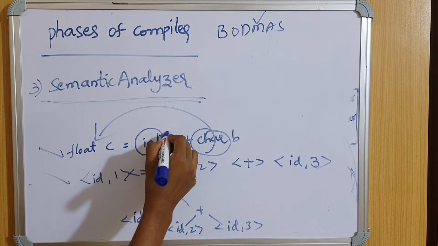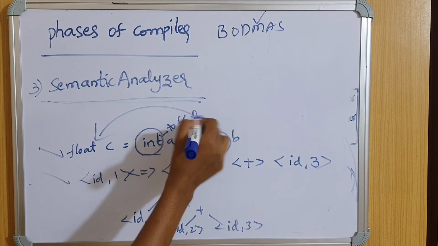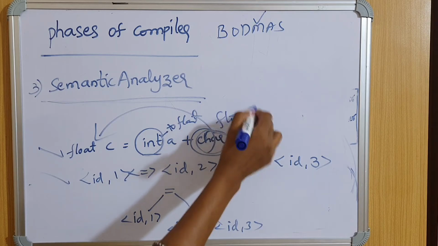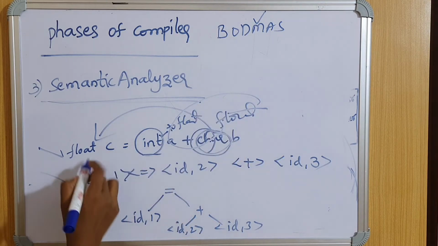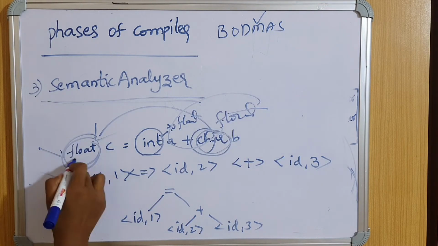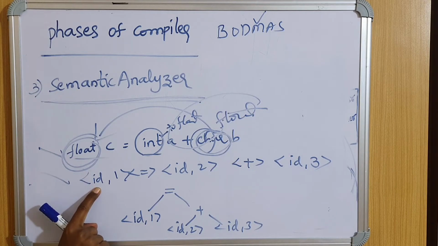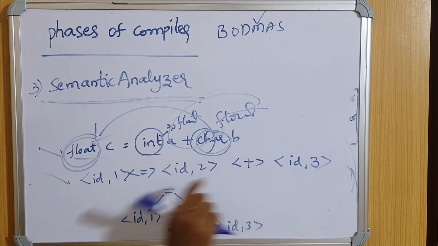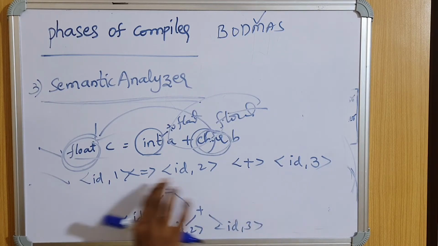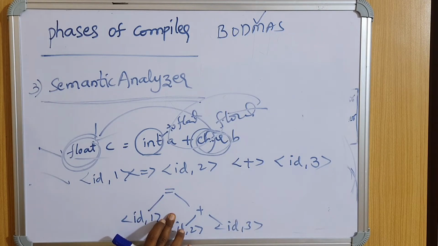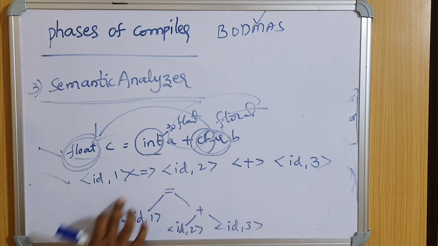We have to change int to float, and this also should be changed to float. Then only the value will be float and the answer will be correct. So that will be checked by the semantic analyzer. Is it clear? The output of the lexical analyzer is the stream of tokens. The syntax analyzer will generate the parse tree.